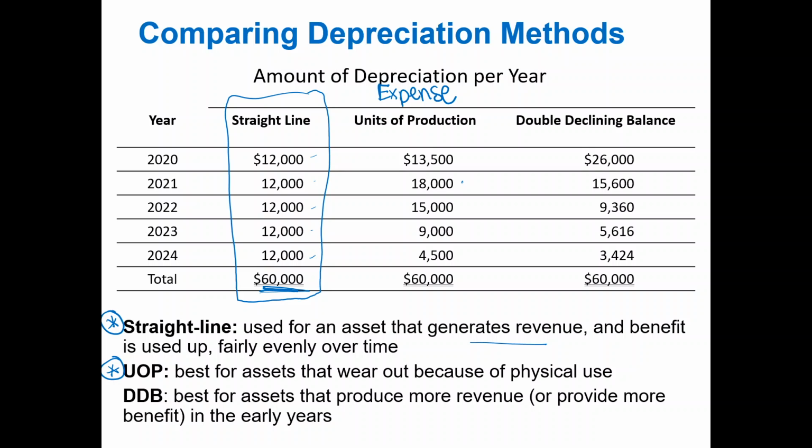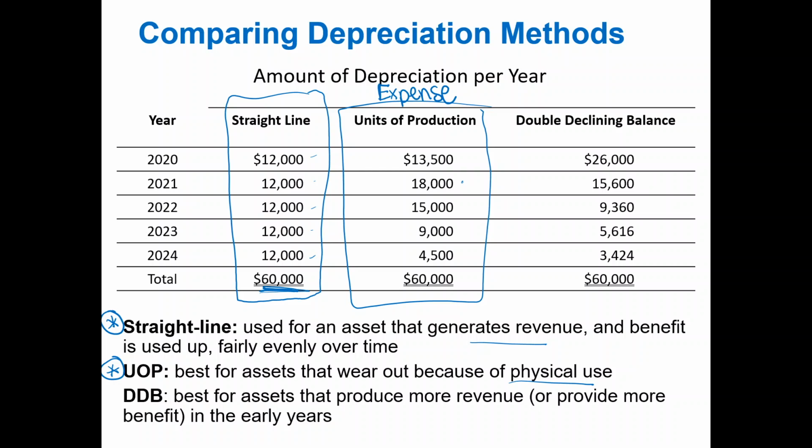If you have an asset that has idle time, you wouldn't be getting the benefit when it's idle. So if it's only wearing out because of physical use, units of production is best, and you just record the amortization expense as it's used.